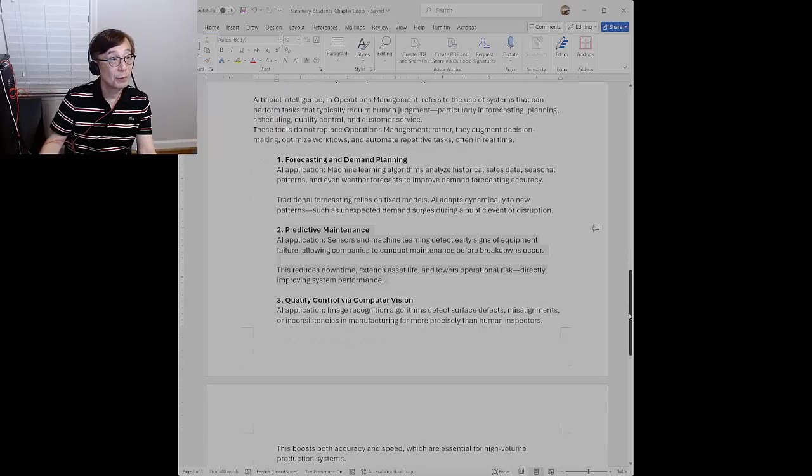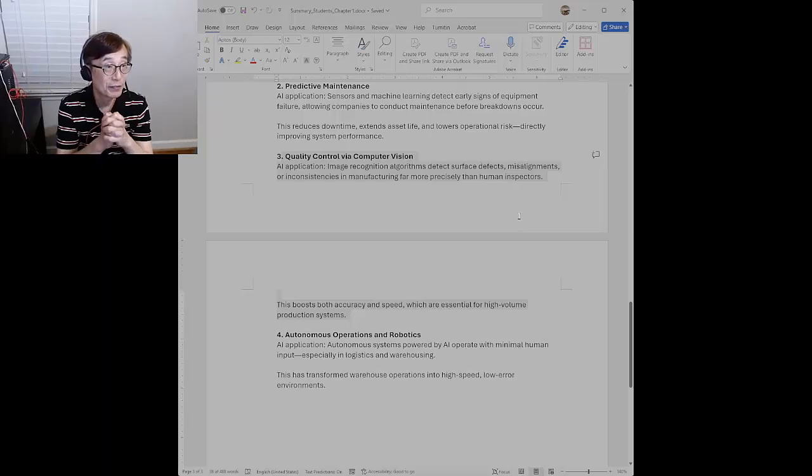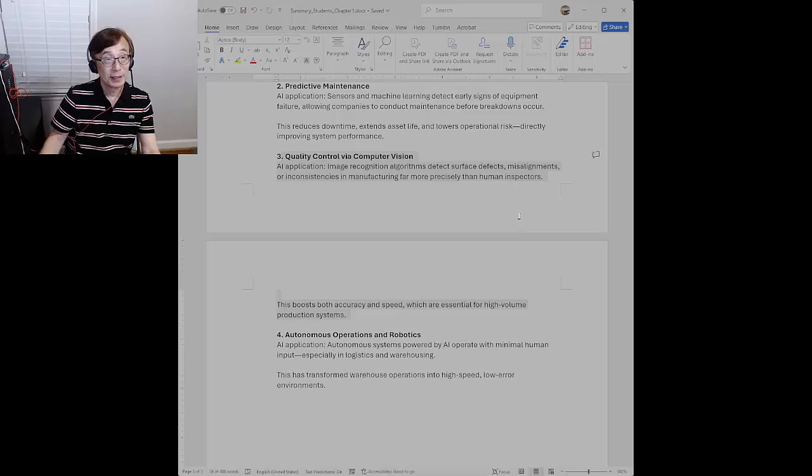And what else do we have? Quality control via computer vision. That's another big thing. Computer vision, image recognition, right?